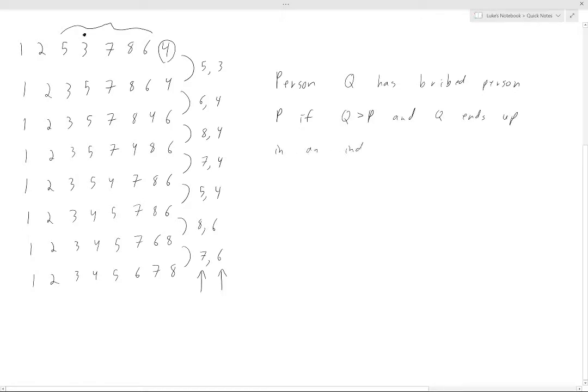So here are the conditions for testing if person Q has bribed person P: if Q is greater than P and Q ends up in an index between P's original index minus 1 and P's current index minus 1.